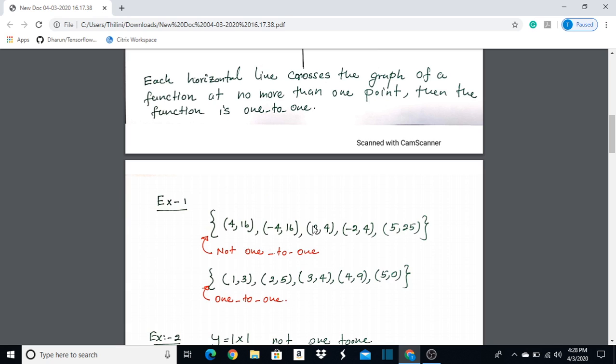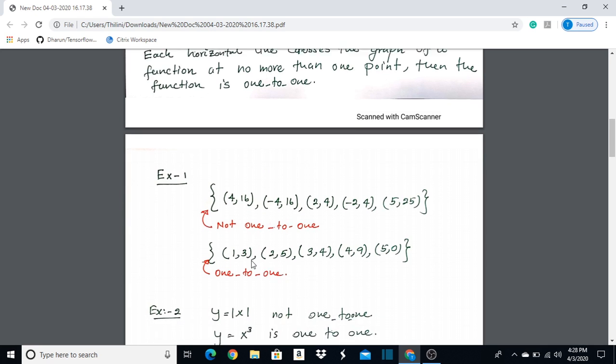Another problem here, for 2 you get 4 and for negative 2 again you get positive 4. So that means this is not one-to-one. Two different inputs with the same output. That's the problem here.